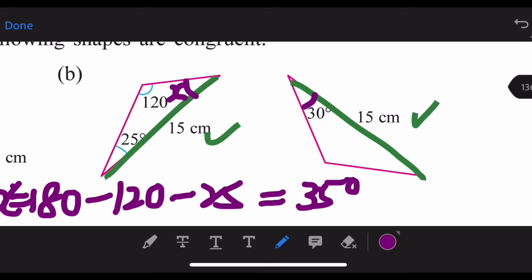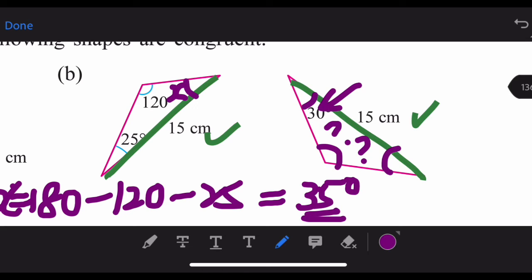But here we have 30, we don't see 35. We don't have any information on these two angles, but obviously we can say that it is not congruent because the angle supposed to be 35 is written as 30.